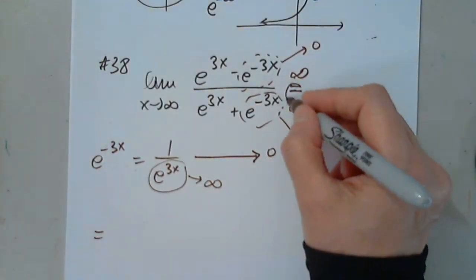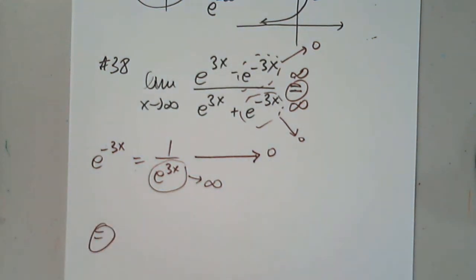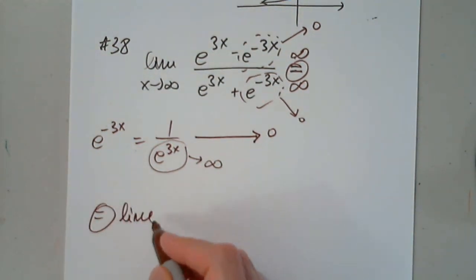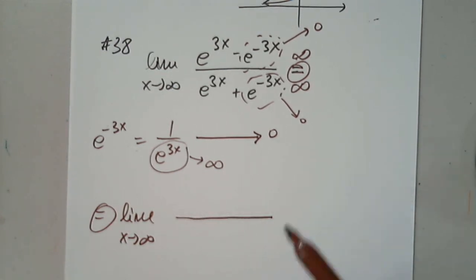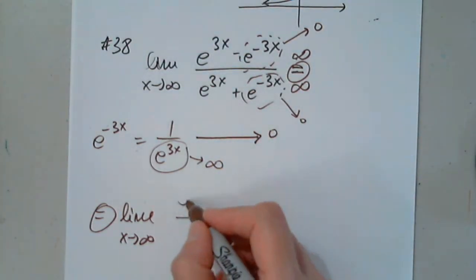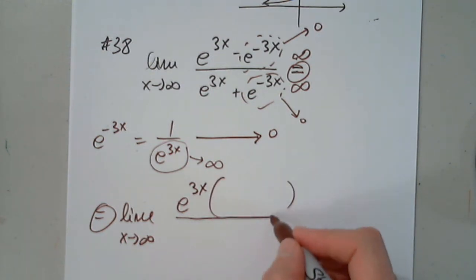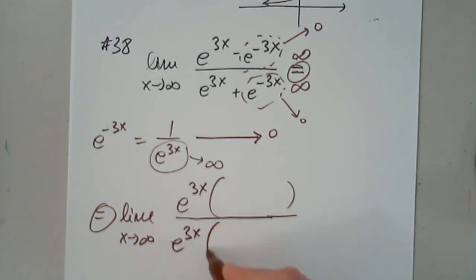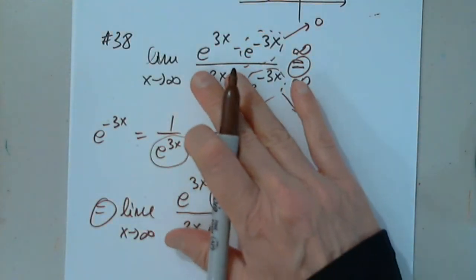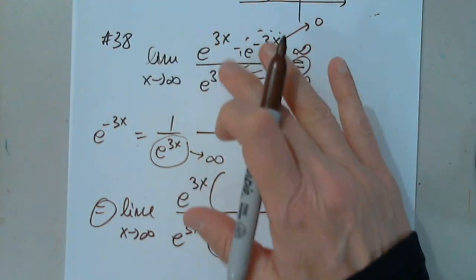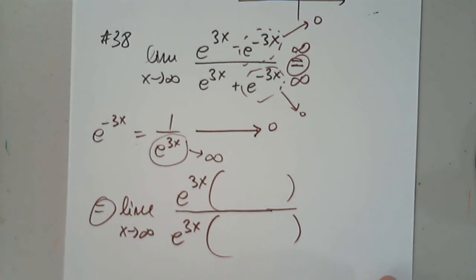Very good. So don't forget the limit operator, please. Since this is the most powerful, we are going to factor out the most powerful. It happens that it's the same in both. If it's not, I have to stick with what the powerful is for both. But it happens that they are the same.